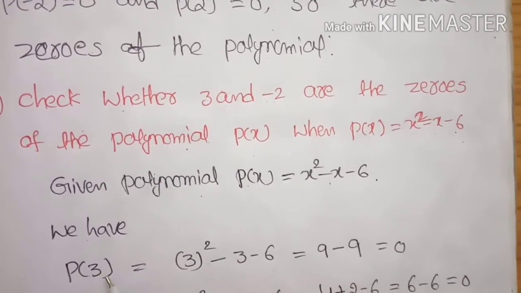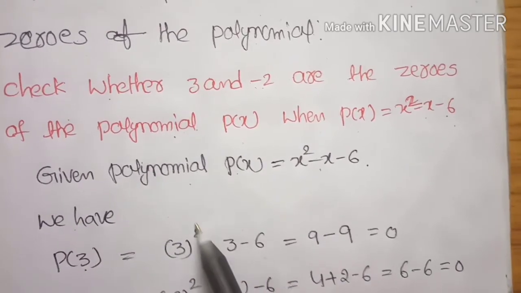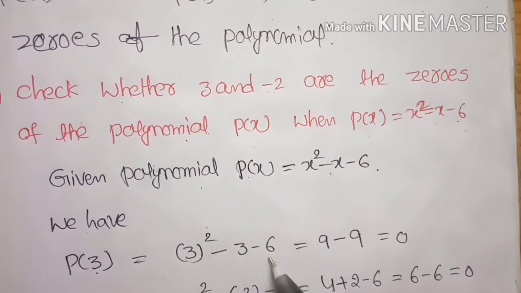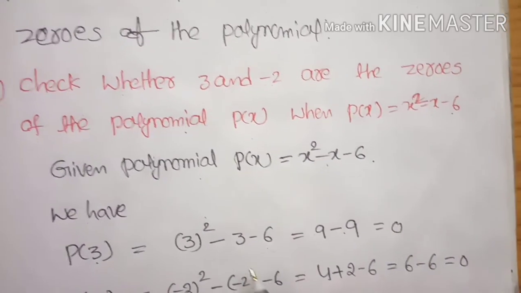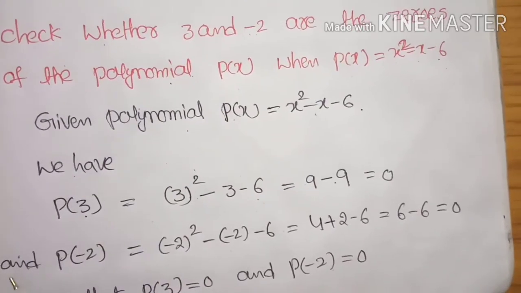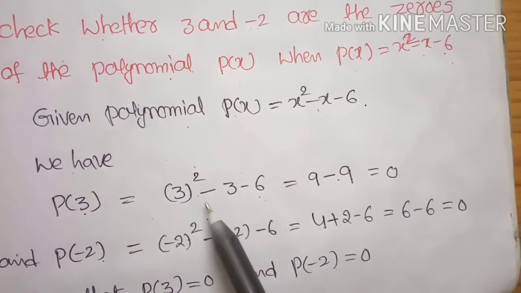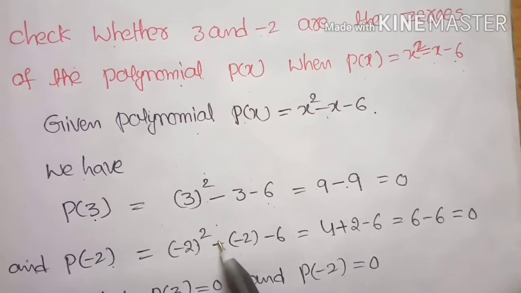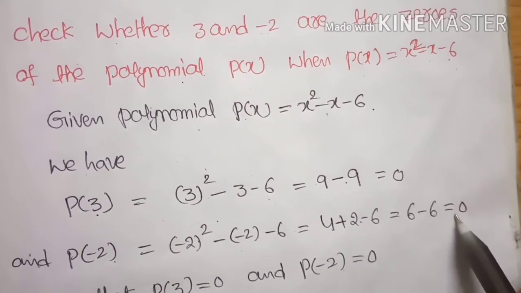First you substitute 3, then p of 3 is equal to 3 square. 3 square means 9, minus 3 minus 6, that is equal to 9 minus 9, 0. Okay, next, p of minus 2, minus 2 whole square means plus 4, minus into minus plus, 2 2s are 4, minus into minus plus 2, 4 plus 2, 6, 6 minus 6, 0.